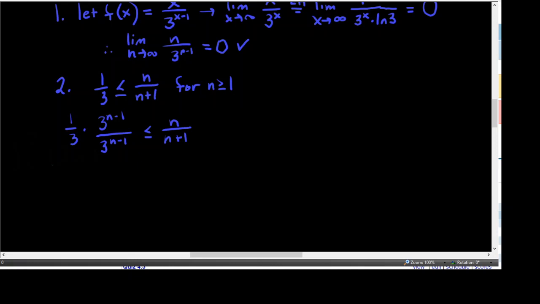So, doing that multiplication, 1 times 3 to the n minus 1, of course, is itself, 3 to the n minus 1. 3 to the first times 3 to the n minus 1. Add the exponents. 1 plus n minus 1 is going to be n.